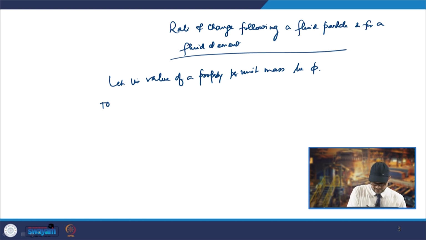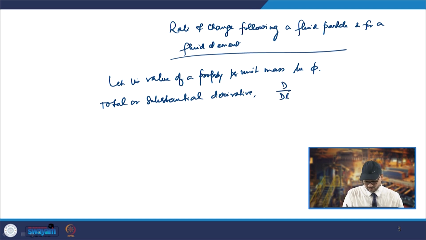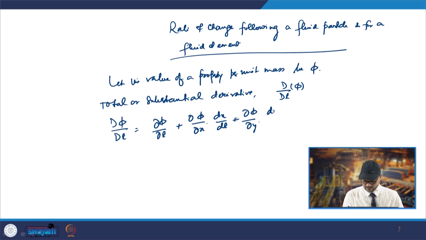So the total or substantial derivative of any property φ is represented by Dφ/Dt, which will be equal to ∂φ/∂t plus ∂φ/∂x into dx/dt plus ∂φ/∂y into dy/dt plus ∂φ/∂z into dz/dt.